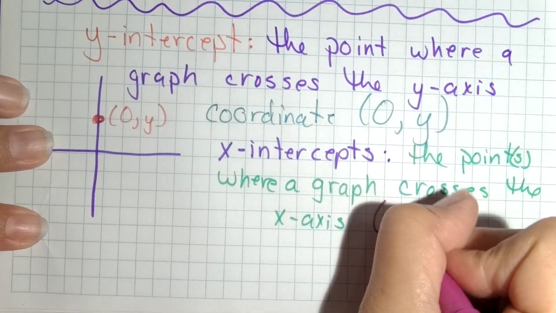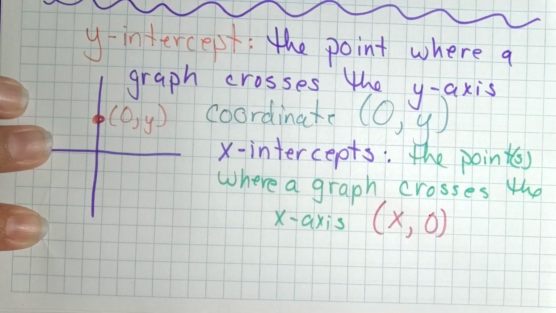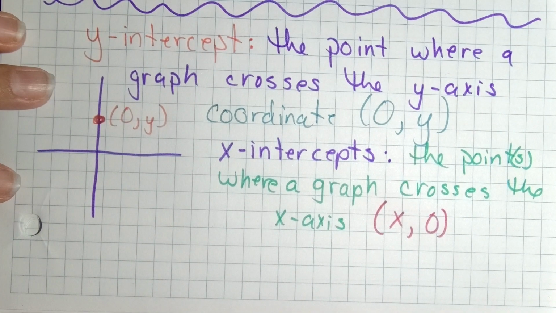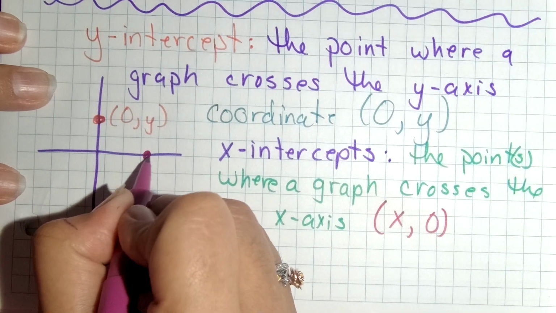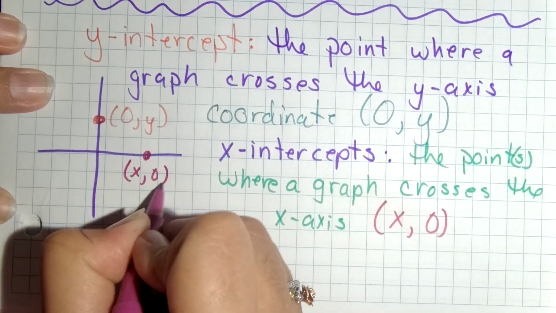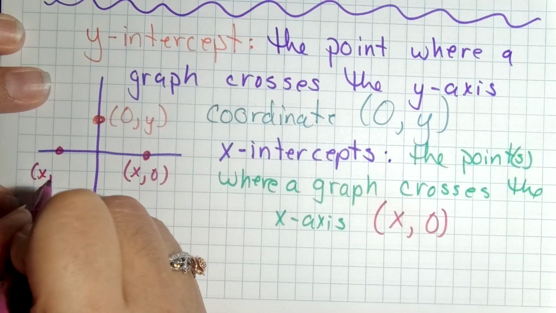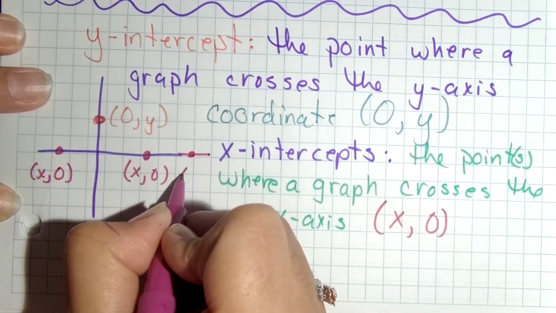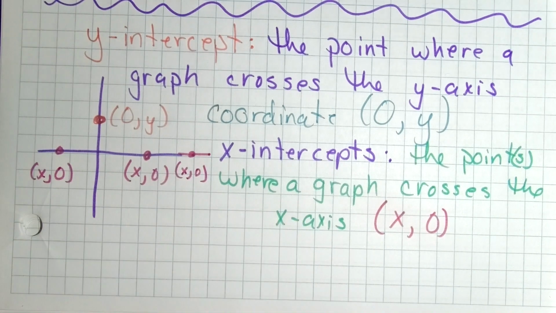That coordinate is x, comma, 0. So I can have one here, x, comma, 0. I can have one here, x, comma, 0. I can have one here, x, comma, 0. I cannot have multiple y-intercepts. That means it's not a function.